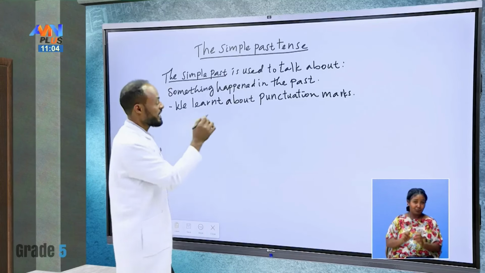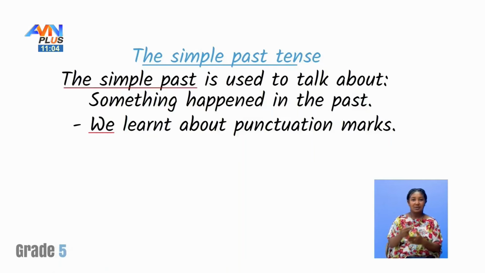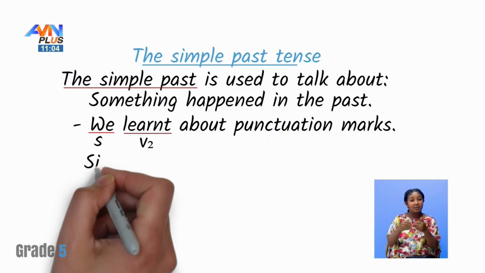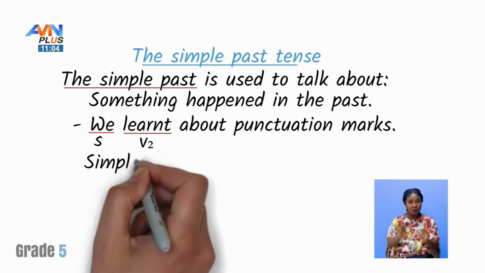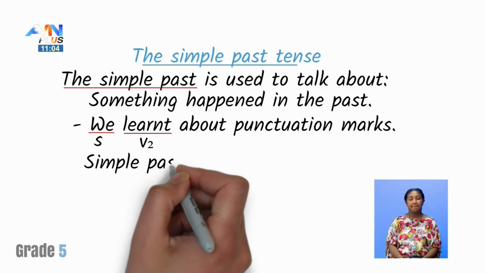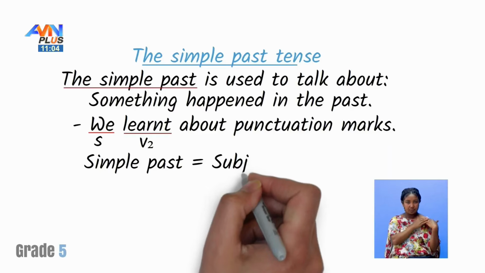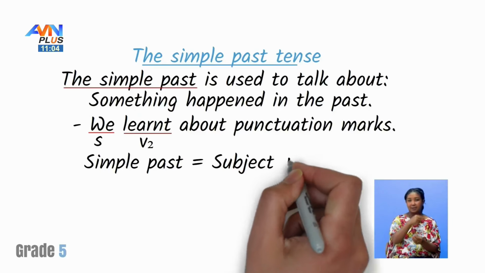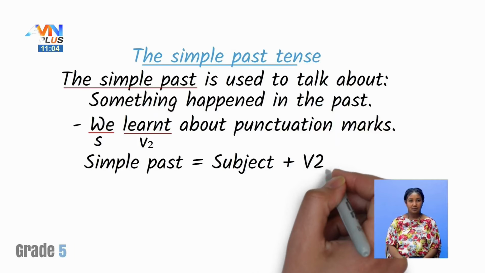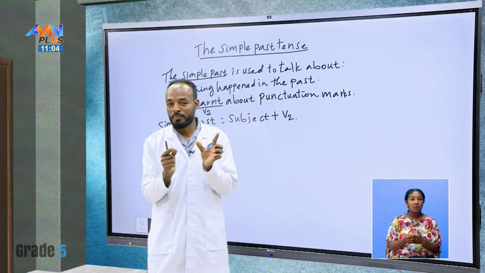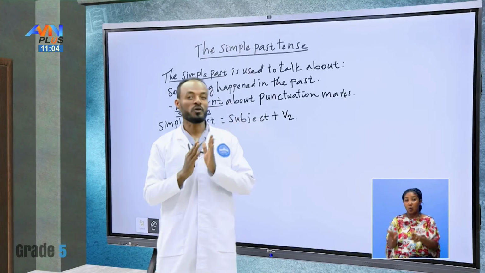Is it clear? Here, I used a subject, and then learned is verb 2. So, in short, the form of simple past is subject plus verb 2 or past tense. So, now we will say something about regular and irregular verbs.